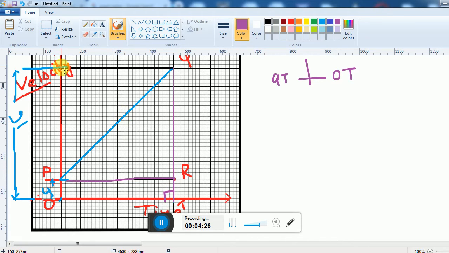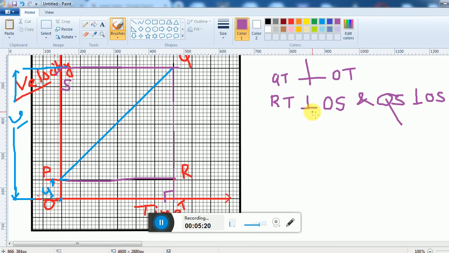This point is S. So you can write RP is perpendicular to OS. And QS is also perpendicular to OS.